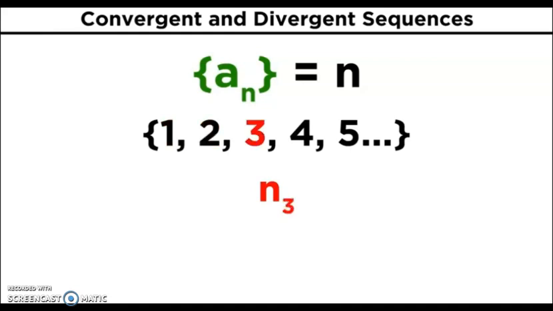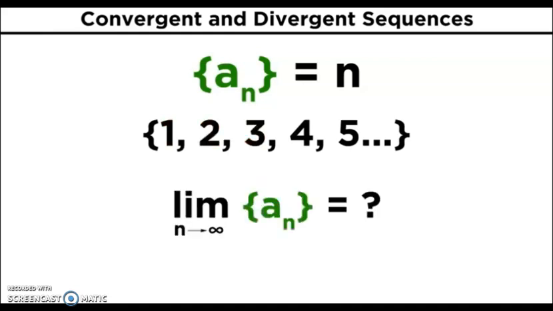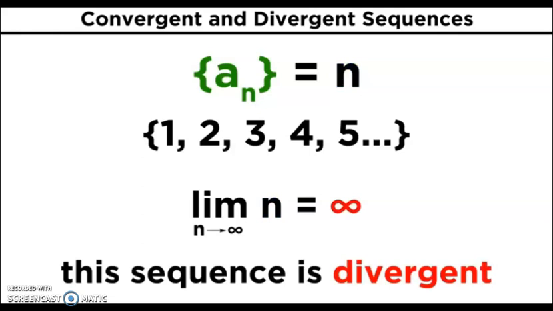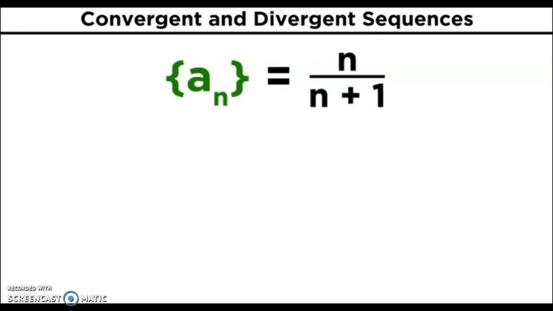That means that the first term is 1, then 2, and so forth through the integers. We want to find out what this sequence does in the limit of n approaching infinity. It's easy to see that the sequence approaches infinity as n approaches infinity. So we would call this sequence divergent because the limit does not exist.